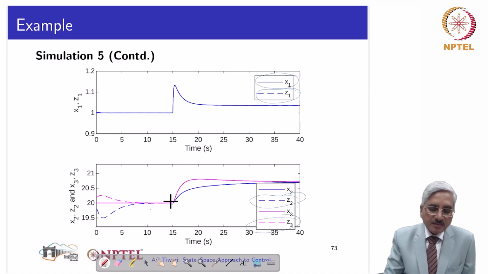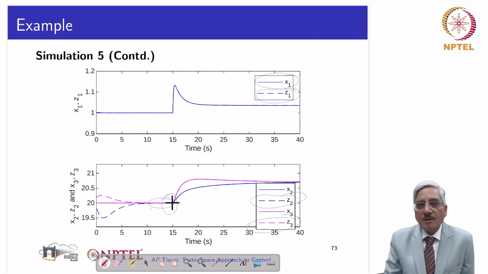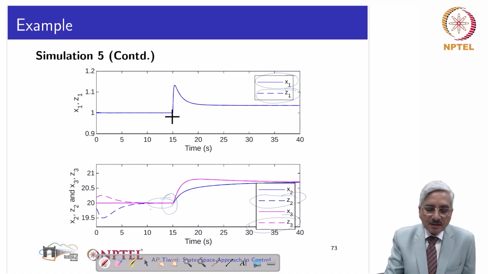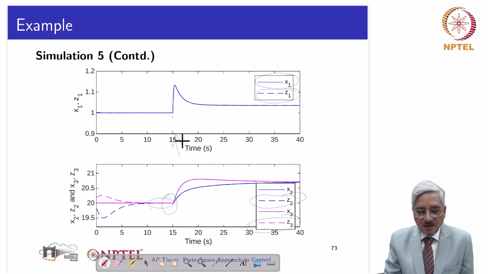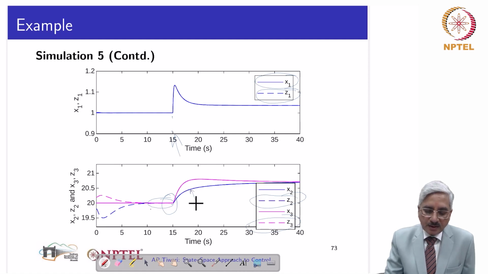So by the time the step input is applied, the states have converged. Z2 and Z3 have become asymptotic to X2 and X3. And then the system starts undergoing transients. The input was applied at t equal to 15 seconds. And we see that, to the human eye, there is hardly any difference between X2 and Z2 and between X3 and Z3.